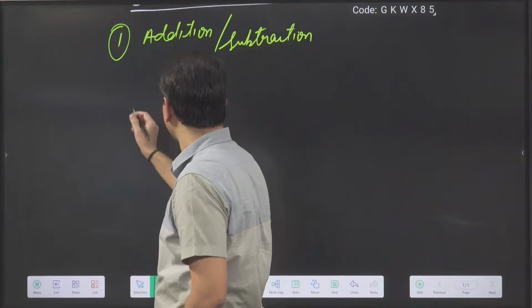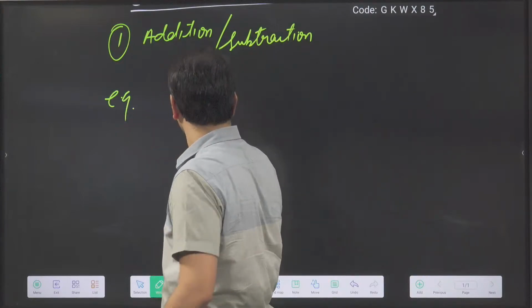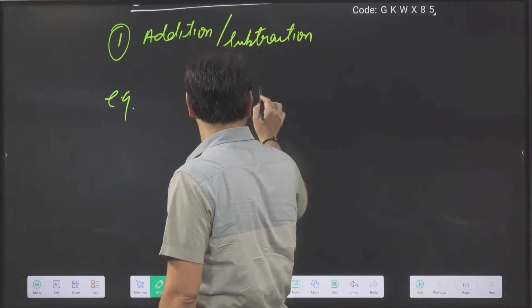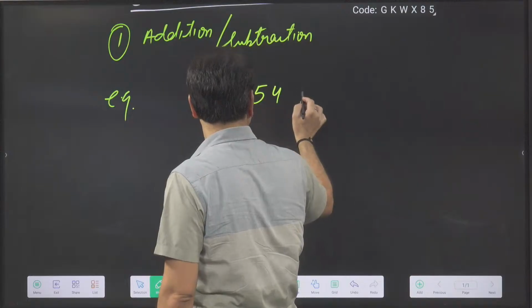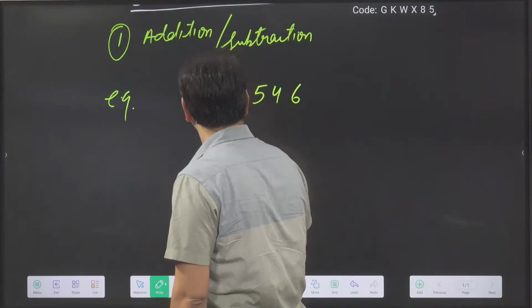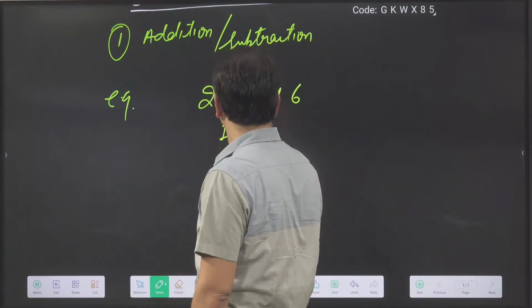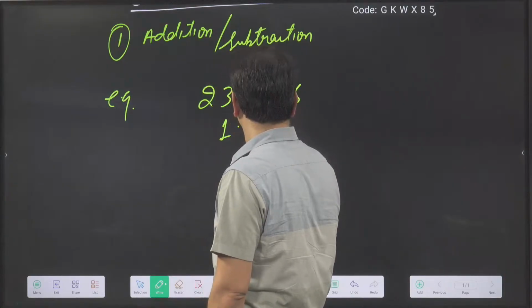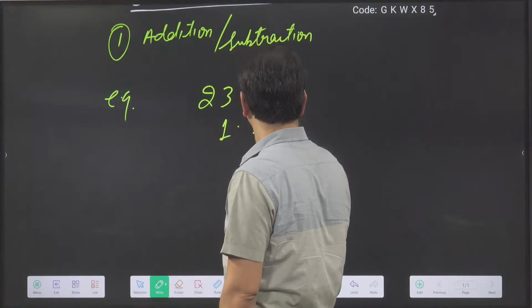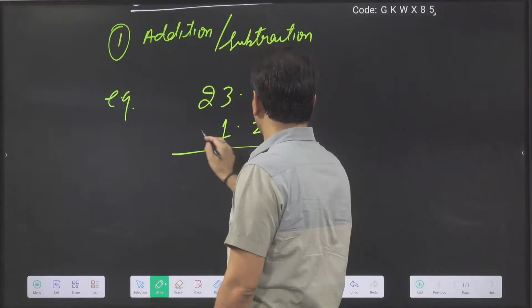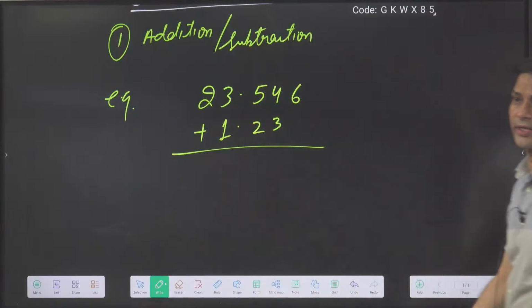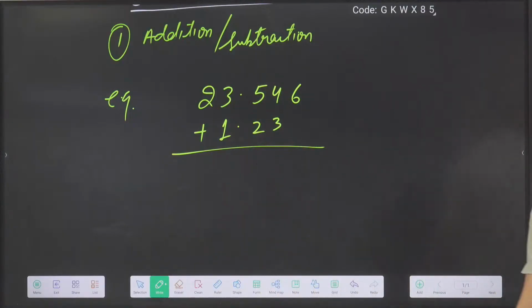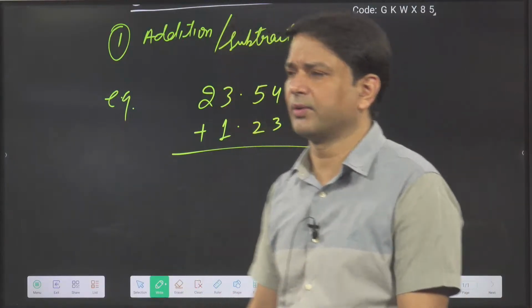So for example, suppose you have to add 23.546 and 1.23.